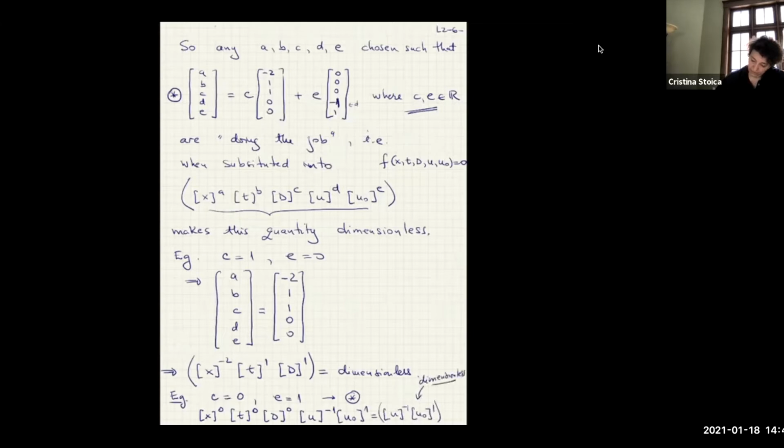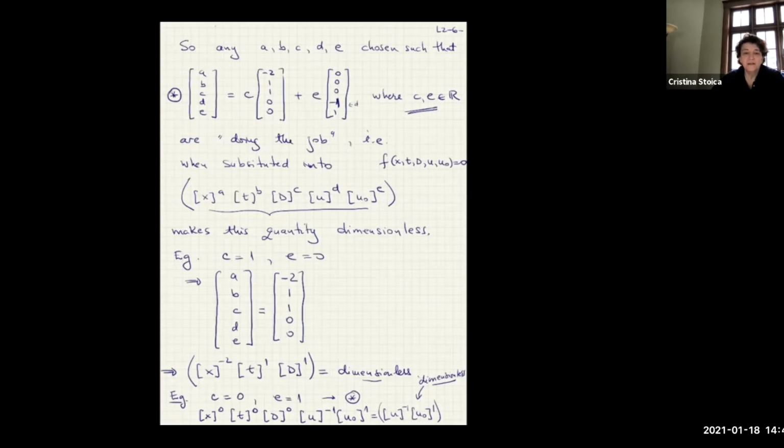Okay. So in other words, for every choice of C and E, we compute A, B, and D, and then we're going to get a dimensionless quantity, right? So the question is, how many independent dimensionless quantities do we get like this? And the answer is like linear algebra. How many independent vectors do we have there, right?